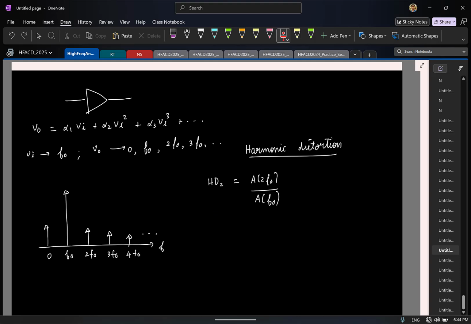If you have very small numbers, you don't deal with absolute scale. What do you do? You take log scale so that you can represent a wide range of values. So this is represented in decibels typically. So if the spectrum itself is plotted in decibels, in log scale ratios become differences. So the difference directly gives you HD2. Similarly, you can define third harmonic distortion, HD3, the same way.